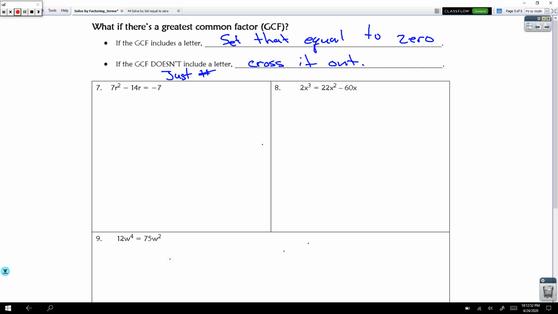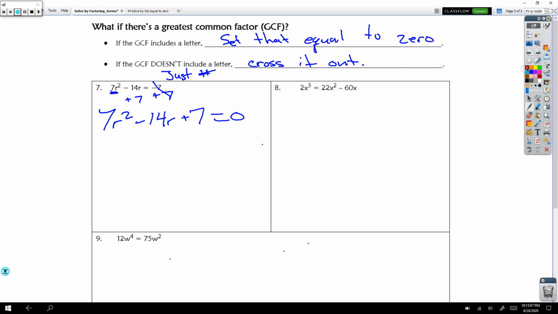So, r squared's positive. We're going to add the 7 over. So 7r squared minus 14r plus 7 equals 0. So, check for a GCF. I notice that my GCF here would be 7. Right? Everything is divisible by 7.